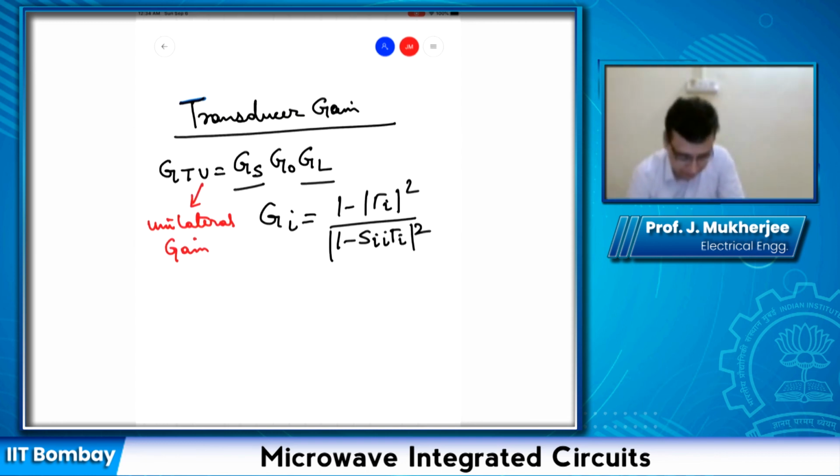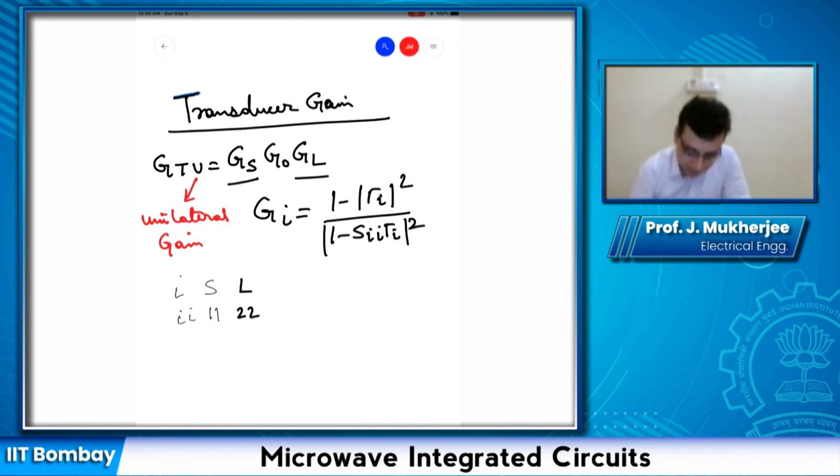If I is S, then II is 11. And if I is L, then II is 22. Okay, so that generalizes it for gamma L, S11, S22 like that. Because the equations will be similar for S and L when I is S or when I is L.